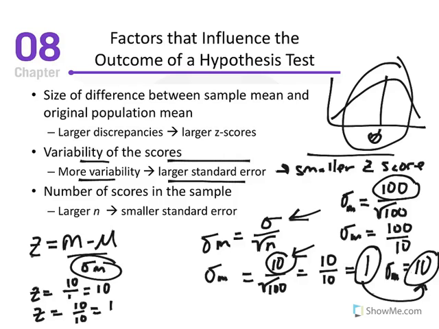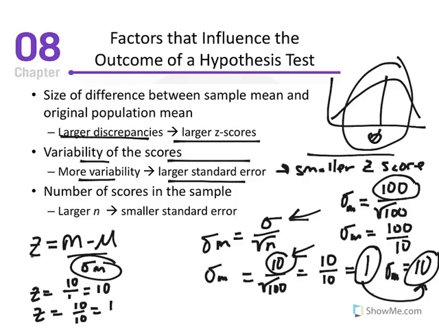I forgot for the first point to express that other point, that larger discrepancies between M and mu will produce larger z-scores. Larger z-scores mean that we increase the likelihood of rejecting the null. Again, the likelihood of rejecting the null is larger when we have large differences between the sample mean and the population mean.